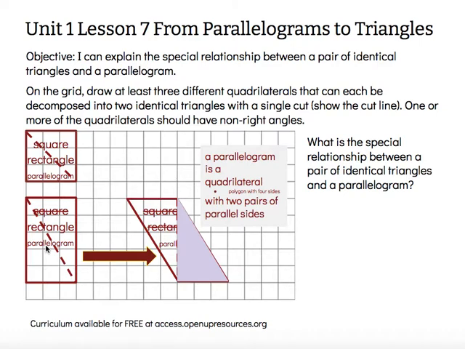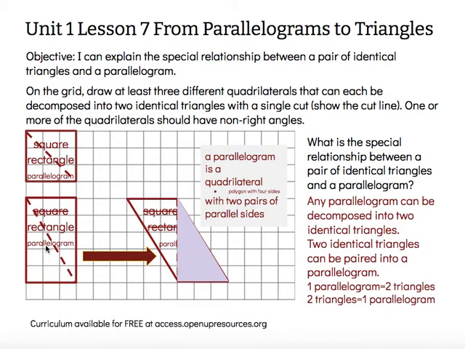Well, I can take any parallelogram, whether it be a square or a rectangle or a parallelogram that's not a square or a rectangle, and I can connect 2 opposite vertices, and I will decompose into 2 congruent or identical triangles. So any parallelogram can be decomposed into 2 identical triangles.